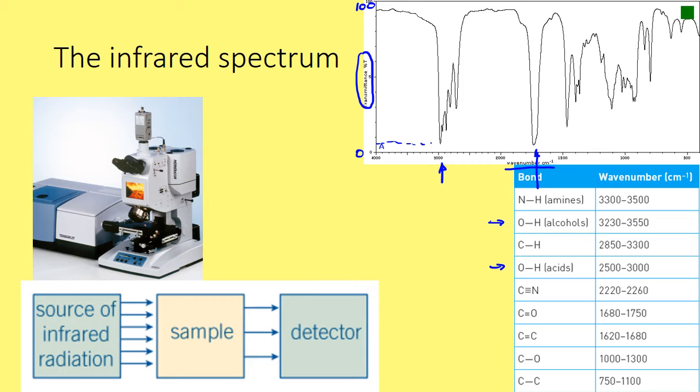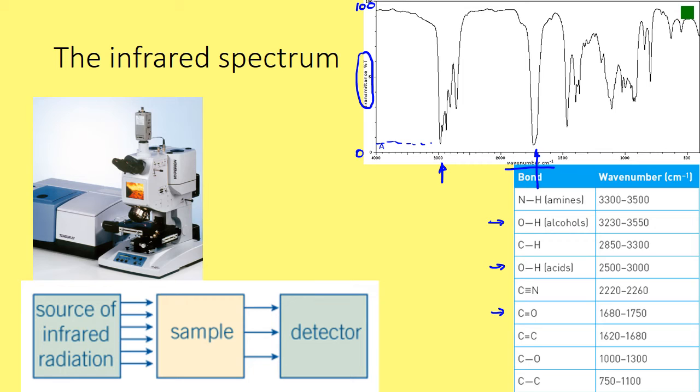An OH bond in an alcohol is going to absorb a different infrared wave number than an OH bond in a carboxylic acid, just because of the adjacent bonds that are next to it. Okay, and if we look at our second peak, it's at about 1700, which might be this bond here, which might signify a carbonyl group on a molecule.